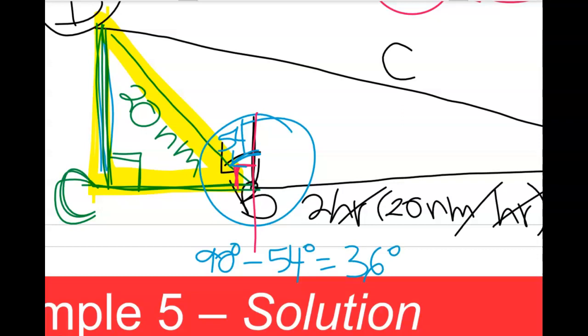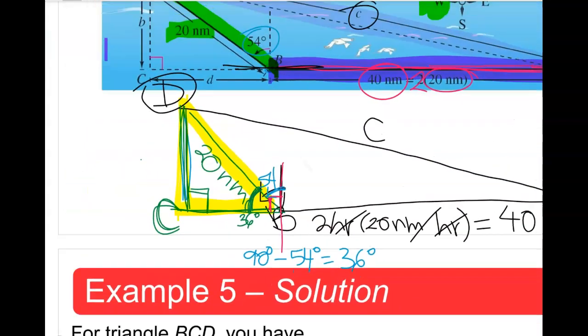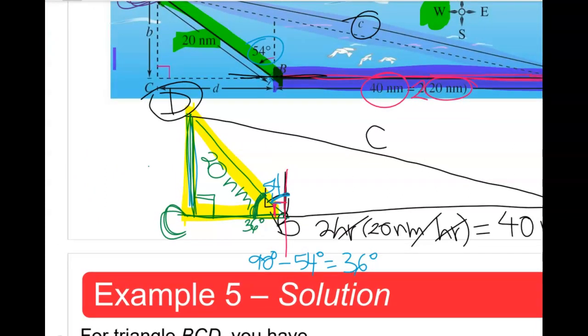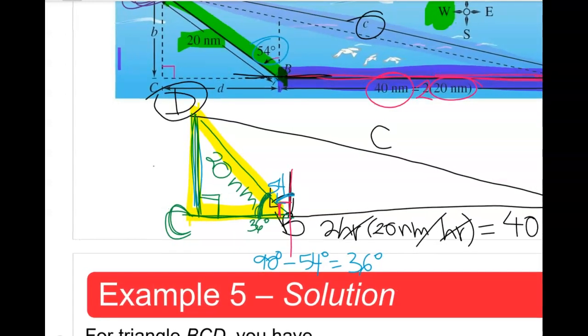So the angle that we need here is going to be equal to 36 degrees for this angle. Okay, and so from there, I'm gonna erase or delete some stuff here so it's not so cluttered.